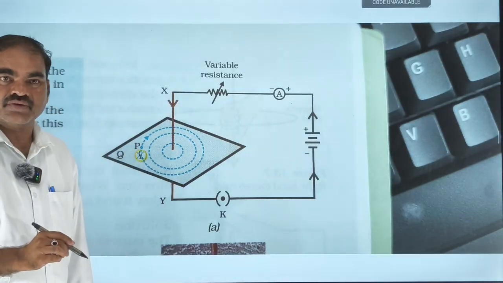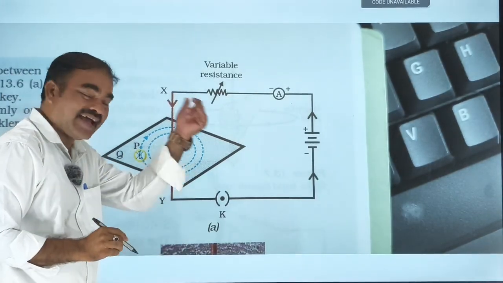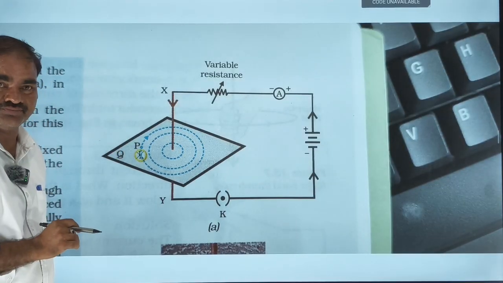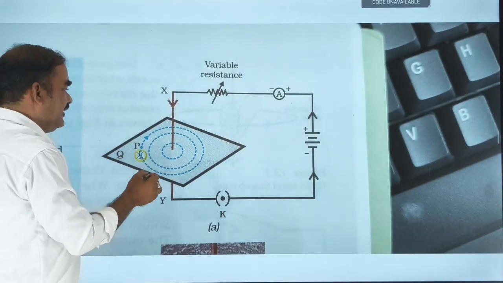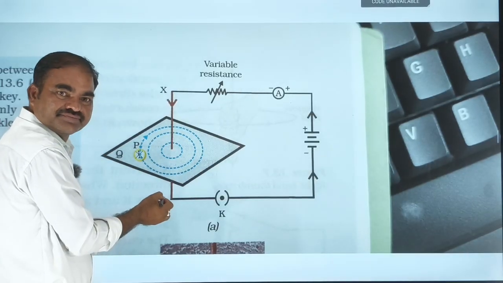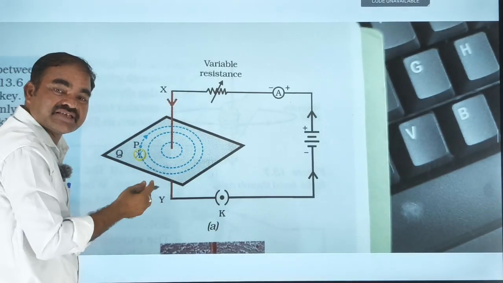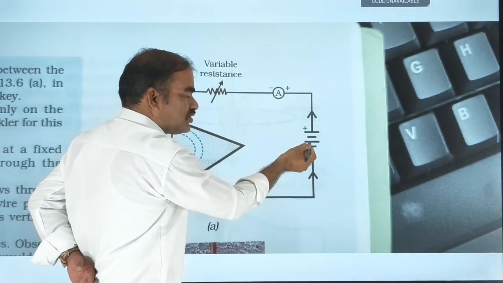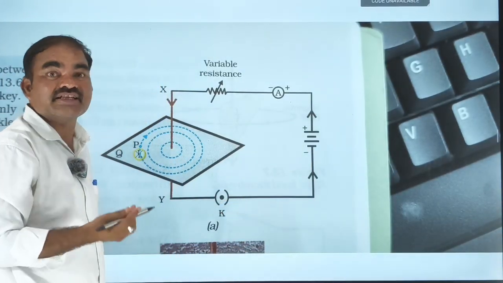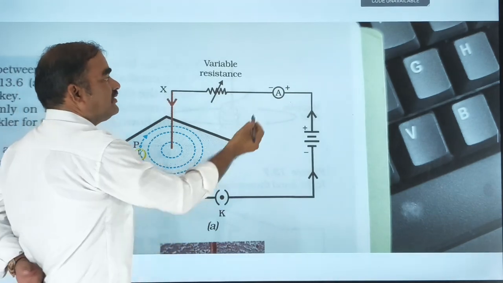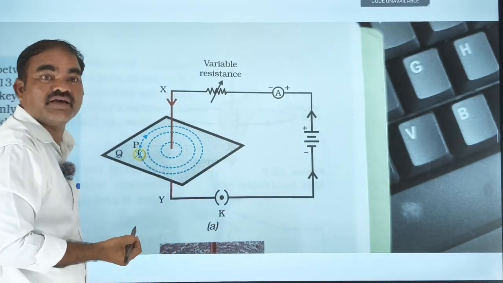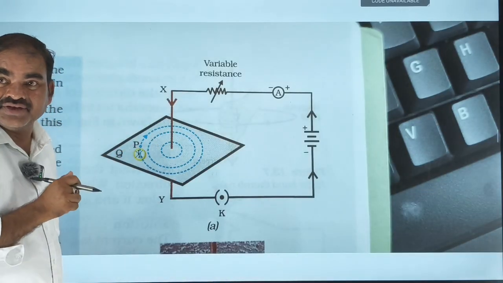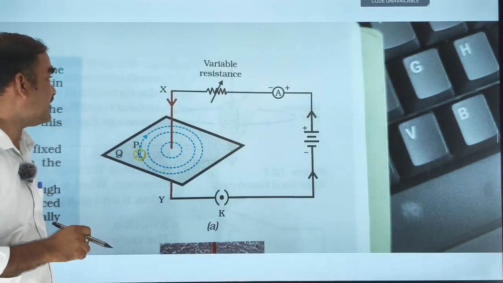They are asking how the magnetic field lines will be. In this setup, there is one straight conductor through which we can pass current. There is a key, a source of energy, that is a potential difference, a battery. This is an ammeter which measures current, and this is a variable resistance. We can increase or decrease the current with it.